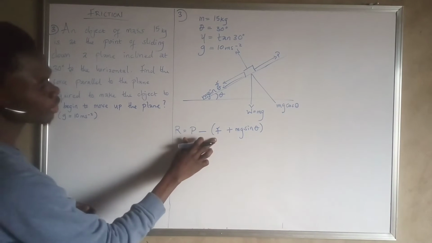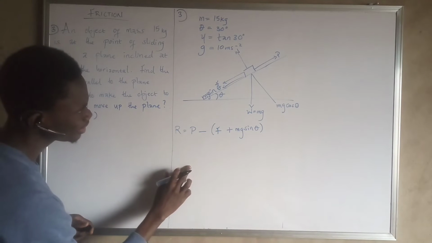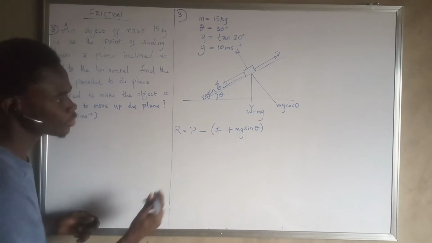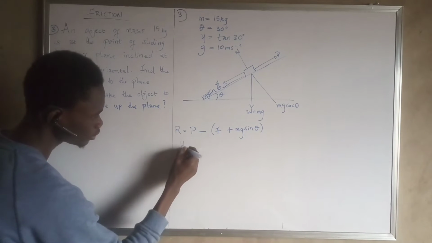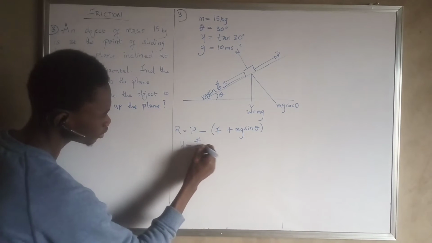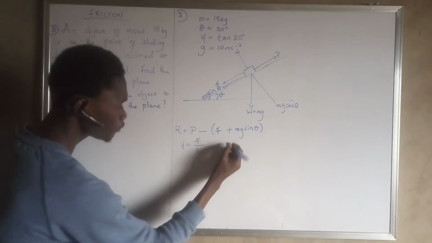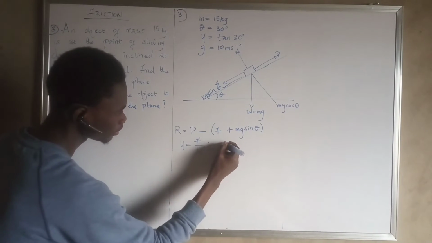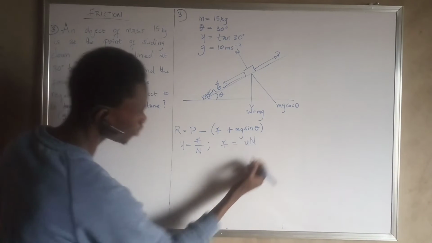So what's the value of our frictional force? Let's find the value of our frictional force from the formula of coefficient of friction, which is U equals friction over normal reaction. In this case, we make friction the subject of the formula. Then we have F is equal to U times normal reaction.